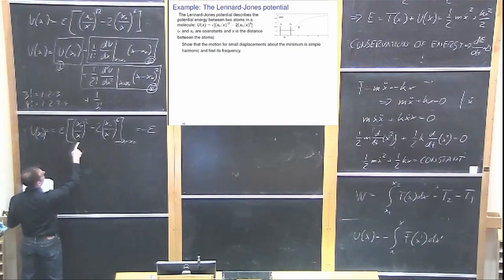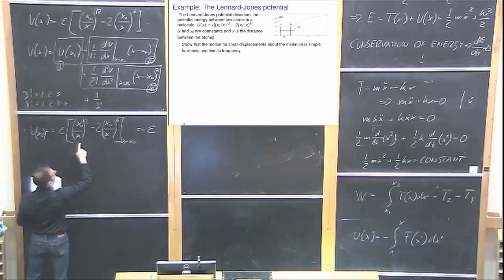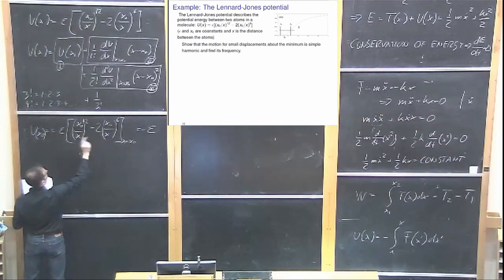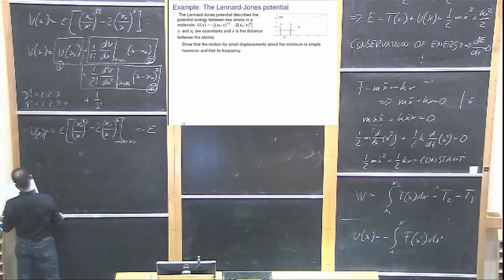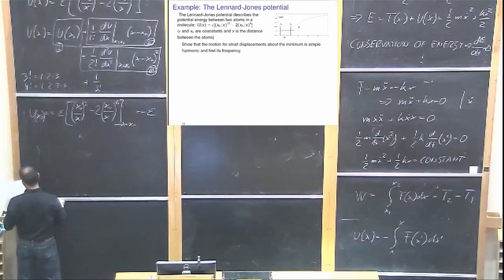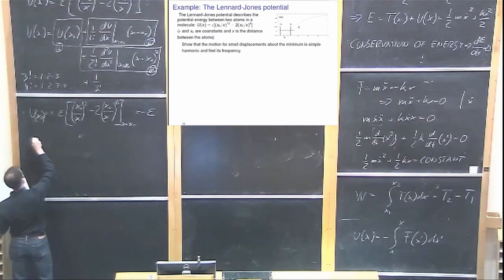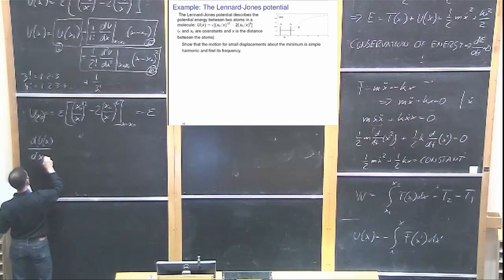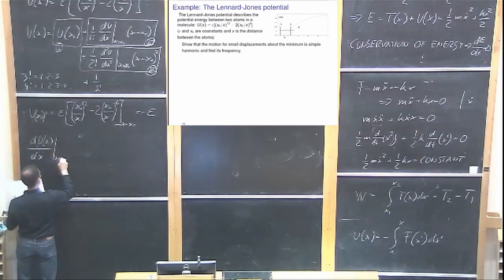Here we've got 1 minus 2 is minus 1, and so on. So the second term is dU/dx evaluated at x equals x naught.